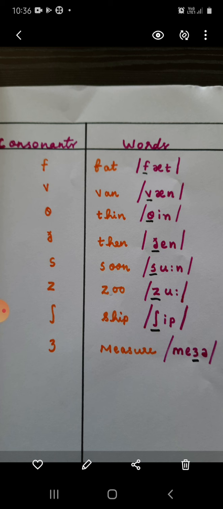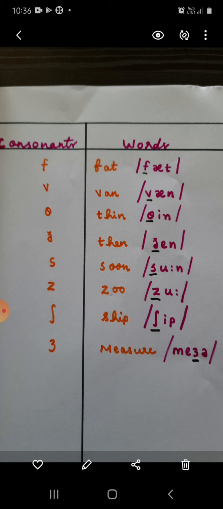Z sound. Z is also very easy. We are writing Z and the pronunciation is Z. The example provided here on the screen is "zoo." Z-O-O, zoo. Clear? How to write? Open the slash. Write the phonemic symbol Z. Then the O sound. How to write the O sound?